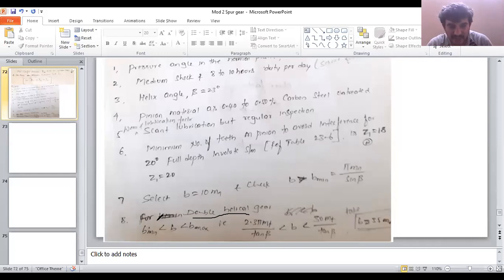Then check what the face width should be. B should be greater than B minimum and less than B maximum. Earlier for a single helical gear we considered B as 10 times the normal module, but for a double helical gear B is equal to 35 times the normal module. Why 35 times? For a double helical gear, both the left hand helical and right hand.